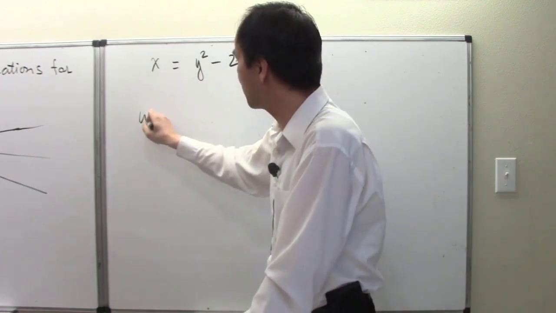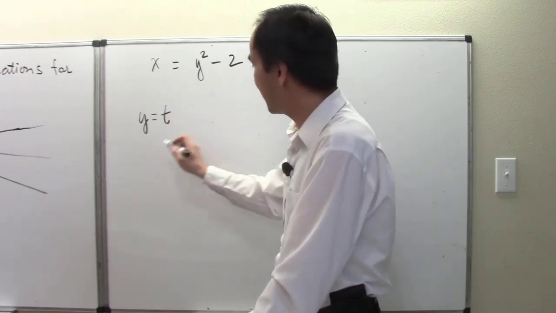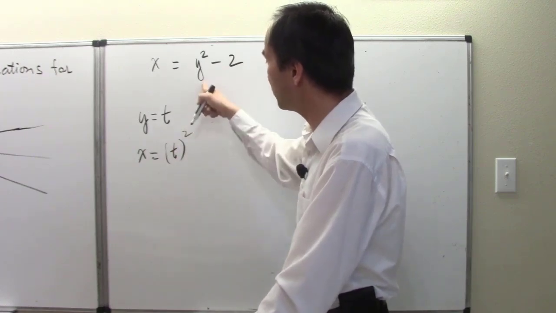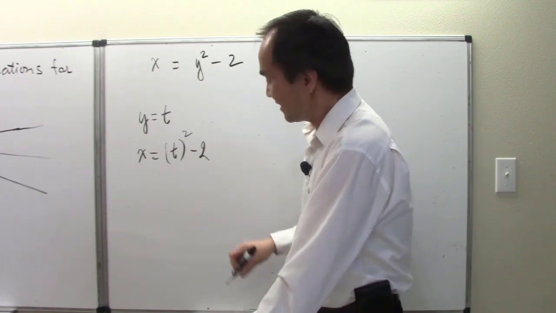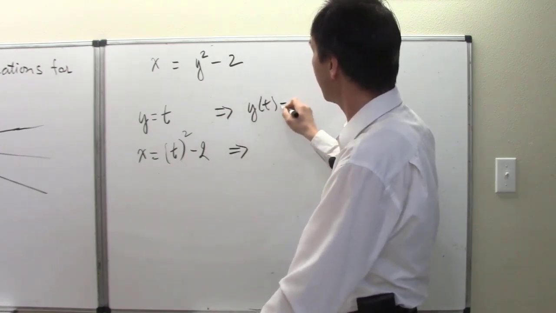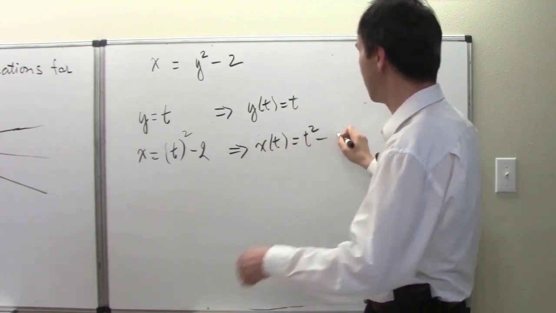I'm going to choose the independent variable to be t. So y of t is t, and x of t is t squared minus 2.